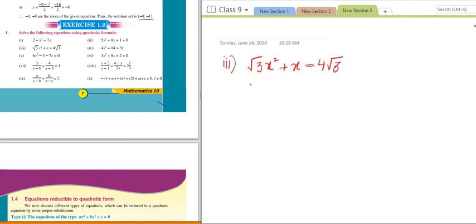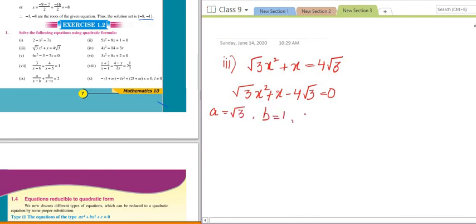Now convert this first into standard form. Square root 3 x square plus x minus 4 square root 3 equals 0. Now this is the standard form. What is A? A is square root 3, B is 1, and C is minus 4 square root 3.